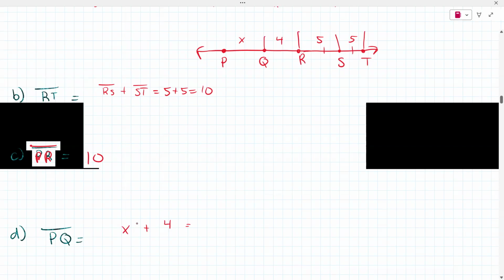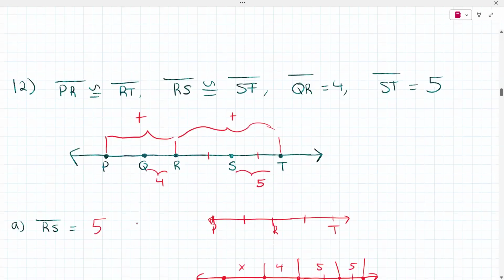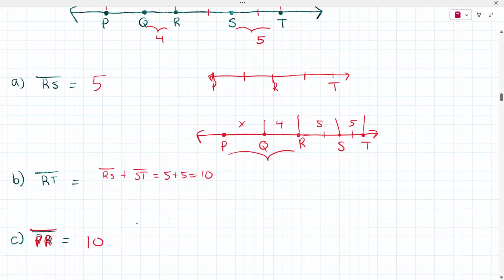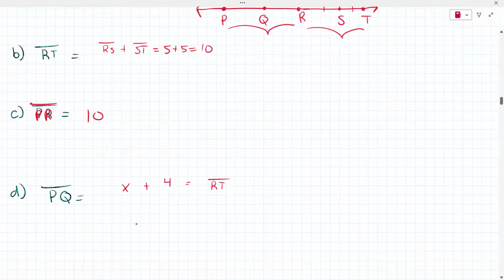I mean RT, because they said that the distance from PR, so this distance is equal to this distance. So X plus 4 equals 10, right? Okay, solve for X, you're going to subtract 4 from both sides, and you get 6. So the distance of PQ is 6.